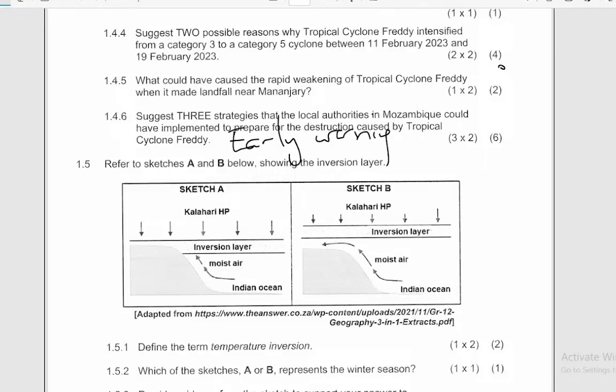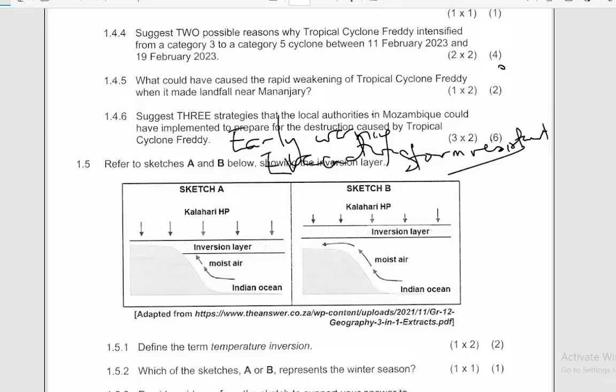And we can also talk of evacuation plans. We take people to safer places or high-lying places so that they are in safety. Or we can talk of storm-resistant construction. For example, our infrastructure should be reinforced so that it resists the effects of such weather systems.